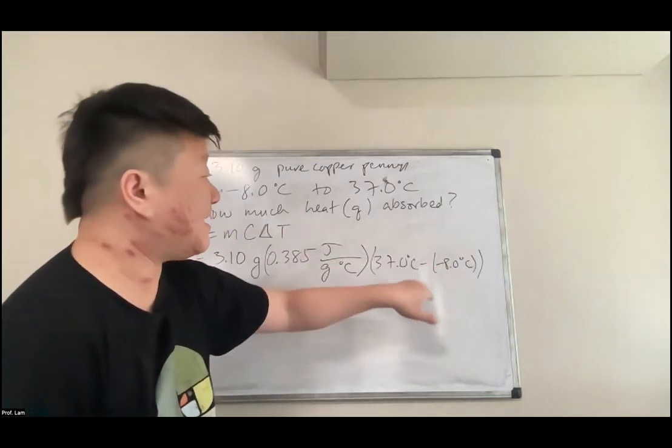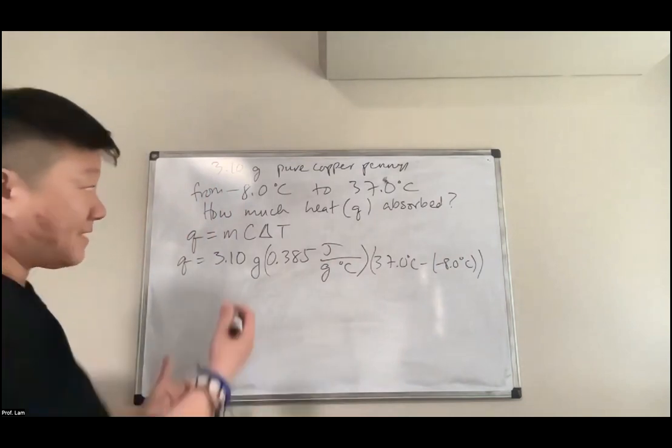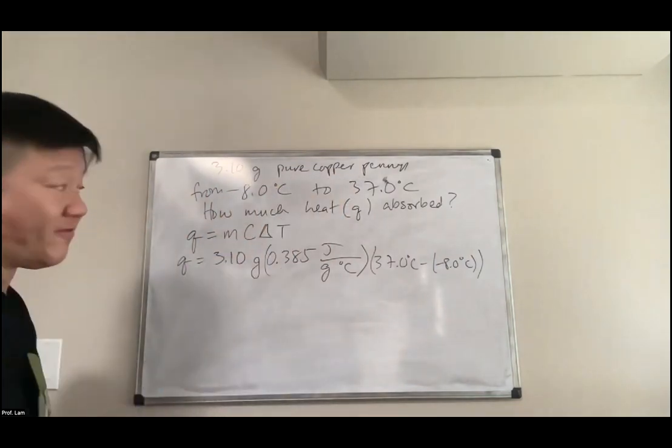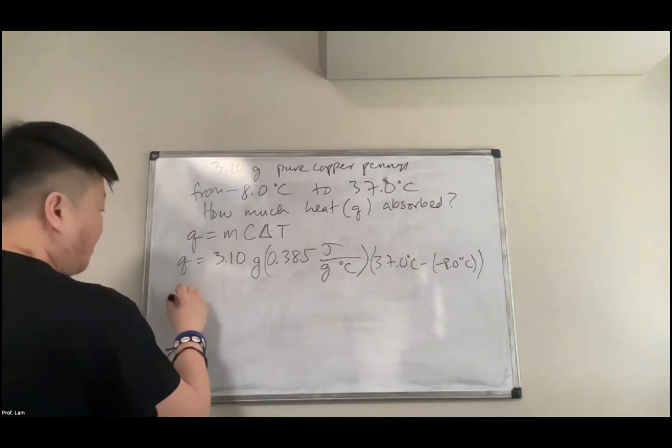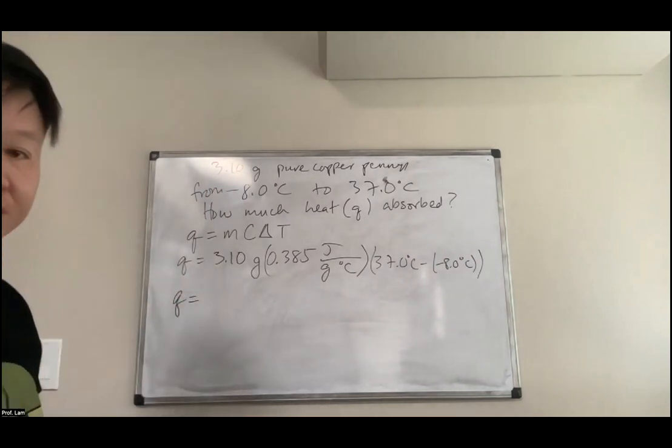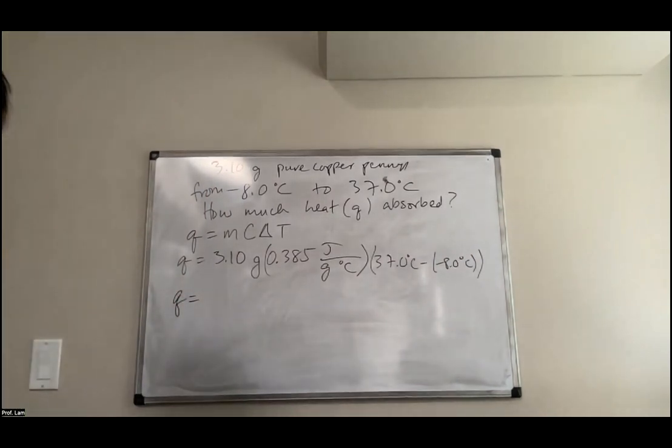So inside here is actually 45. That's the change in temperature; you warmed it up by 45 degrees. So what is Q?